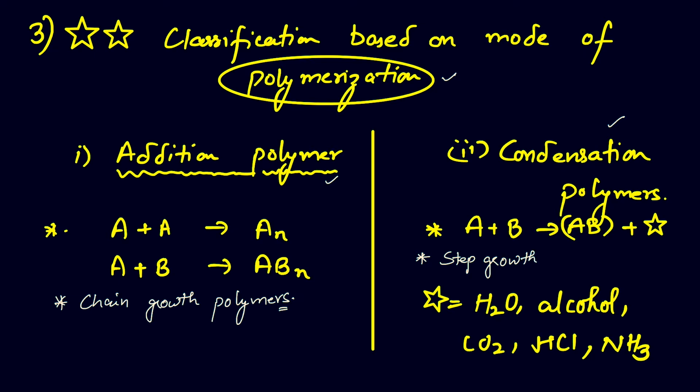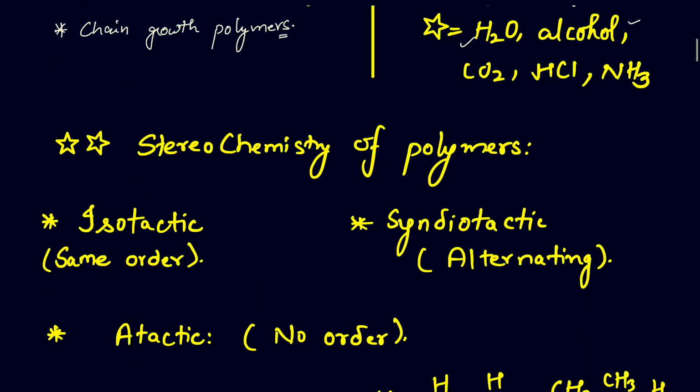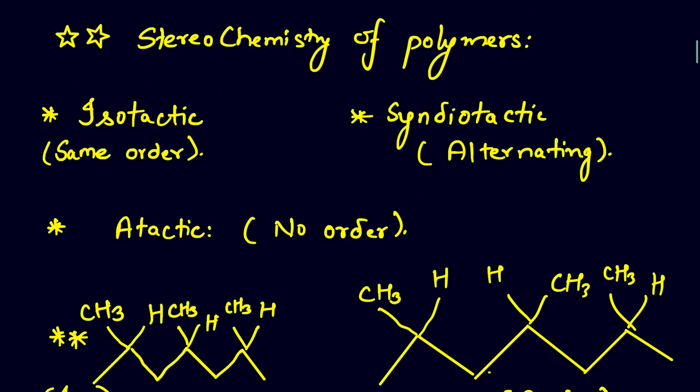So the basic difference between addition polymer and condensation polymer is that condensation polymerization includes the elimination of small molecules like H2O, alcohol, CO2, HCl, or ammonia in some cases. So this is the difference between addition and condensation polymers.